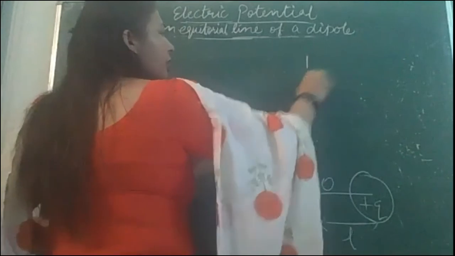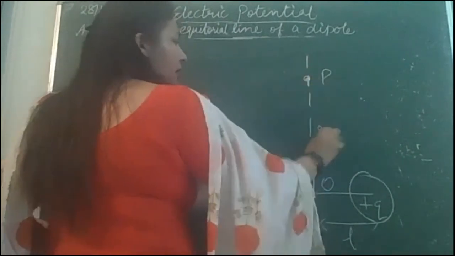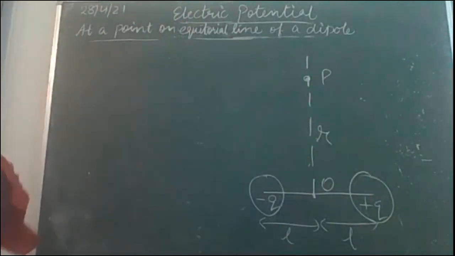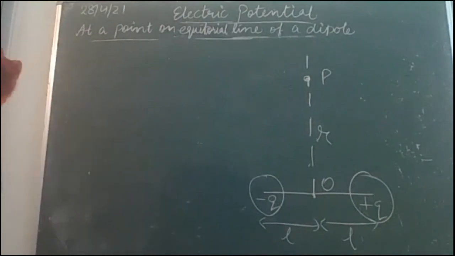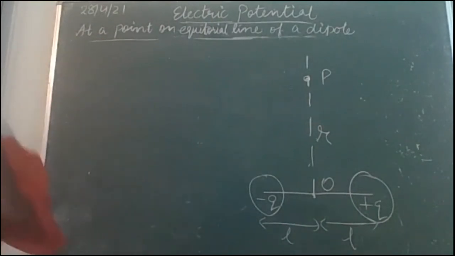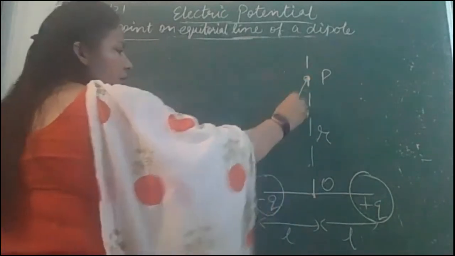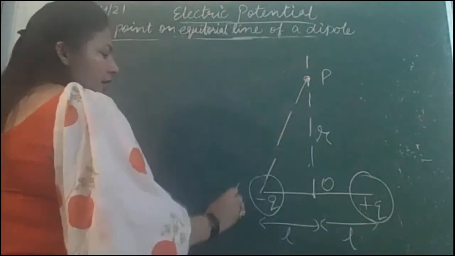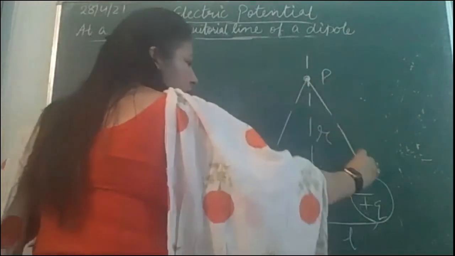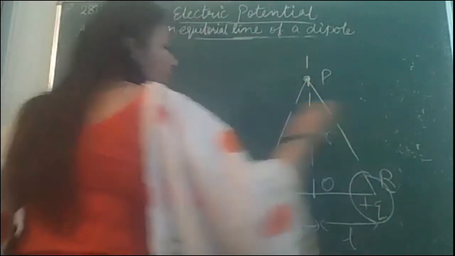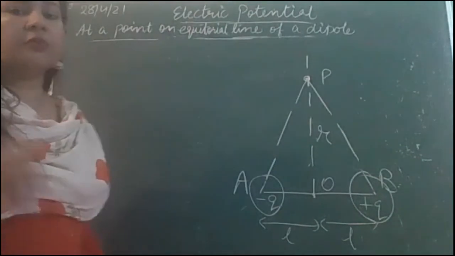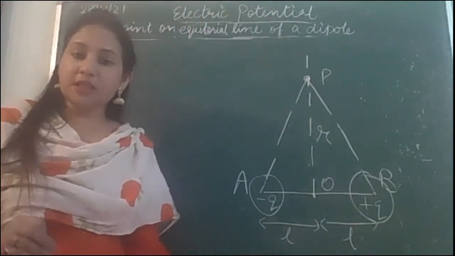So we are taking a point P here. OP is equal to R again. Distance of point from the center of dipole is again R. So we want to find potential at point P on the equatorial line. Again we will join AP and BP, and again it's going to be very simple because potential is a scalar quantity.